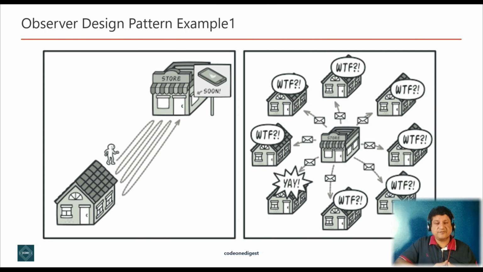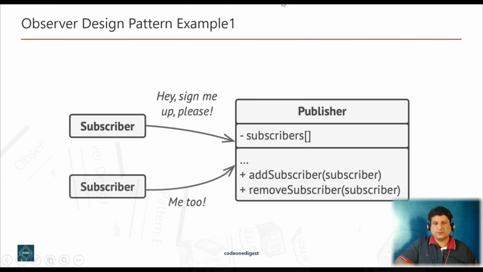On the other hand, if a store proactively sends emails to all the customers each time a new product becomes available, which might be considered as spam, right? So we have a problem here. Either the customer wastes time checking the product availability, going to stores, or the store wastes resources by notifying the wrong customers. So we have a problem here, and the solution to the problem is observer design pattern.